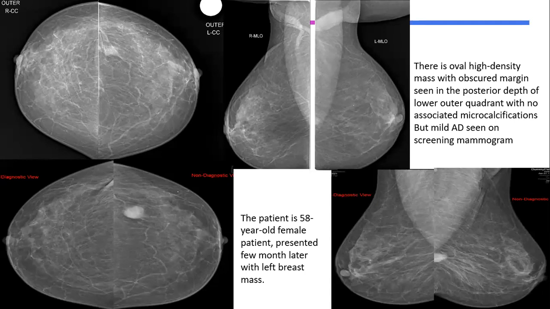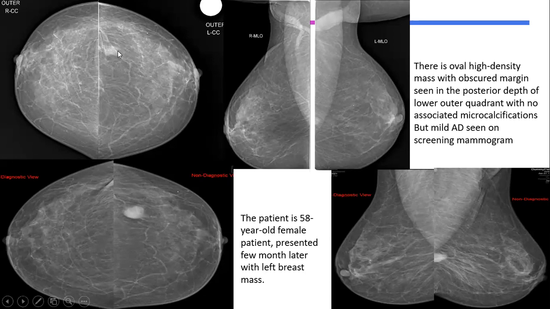Why? Because at the beginning, that was screening. This was screening mammography, and it was reported as a single area of asymmetry. They could not appreciate the subtle corresponding area projecting over the pectoralis on the MLO.